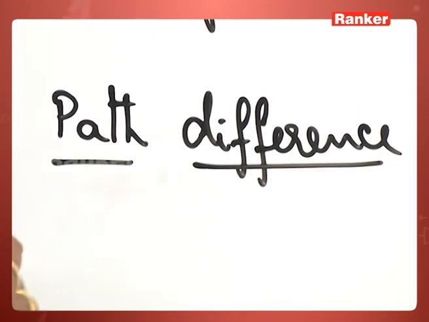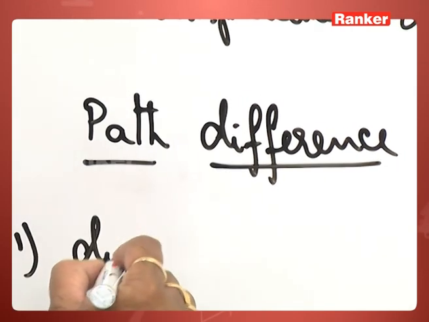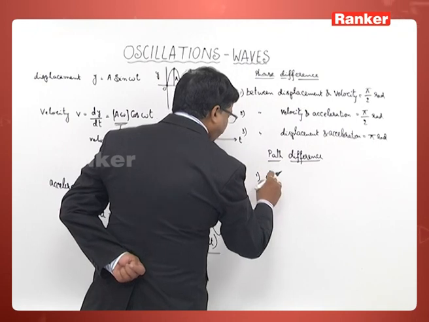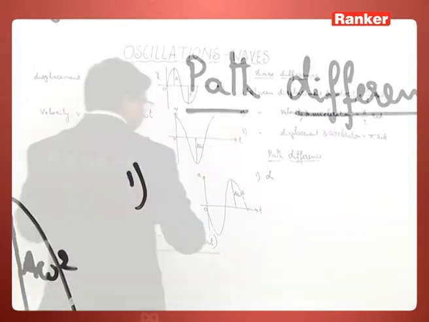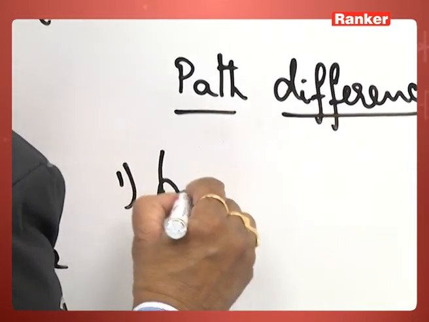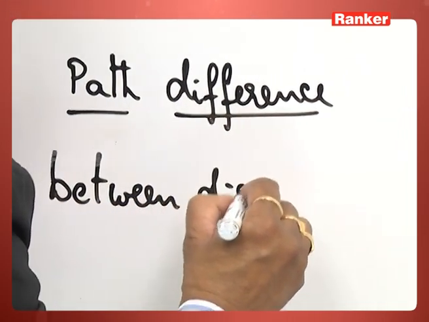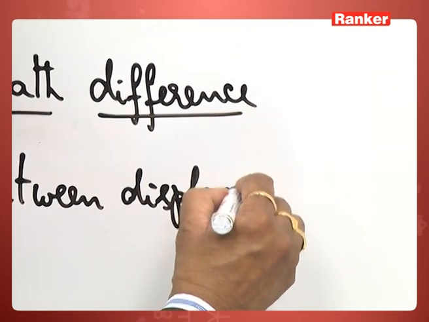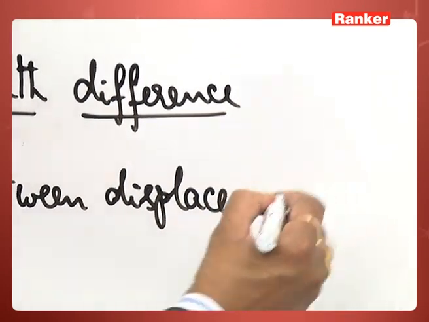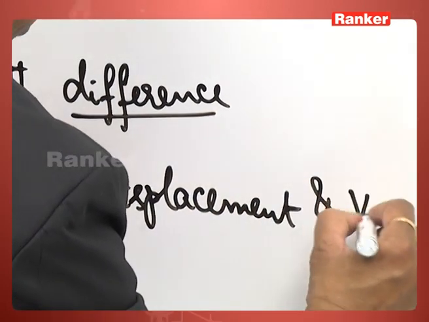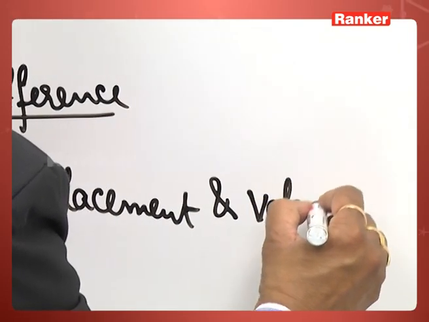So, when I consider path difference, once again we can say path difference between displacement and velocity. How much is it? That is the first question.